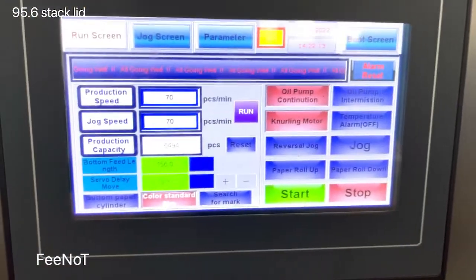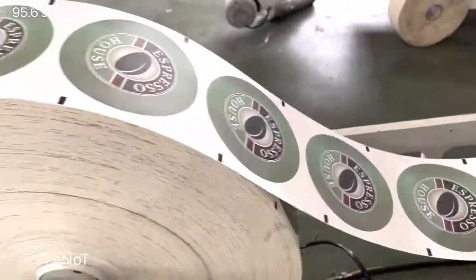Feed wallpaper, full automatic, print mark, already printed paper.